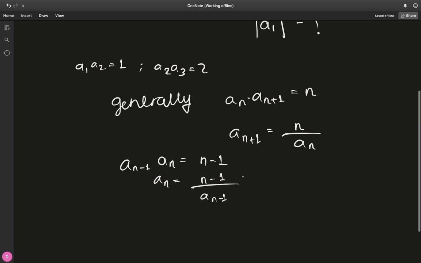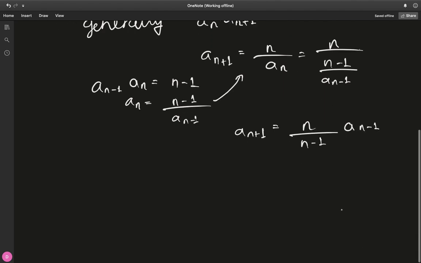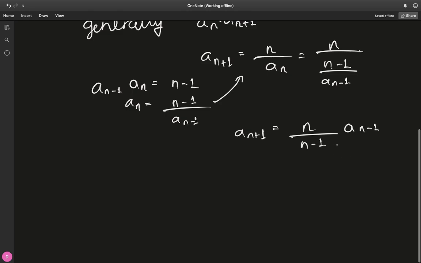So let's plug that here. In the place of a sub n, we have n divided by n minus 1 divided by a sub n minus 1, which can be rewritten as a sub n plus 1 is equal to, this will go on top, so we have n times a sub n minus 1 in the numerator, and n minus 1 in the denominator. Well, fair enough.